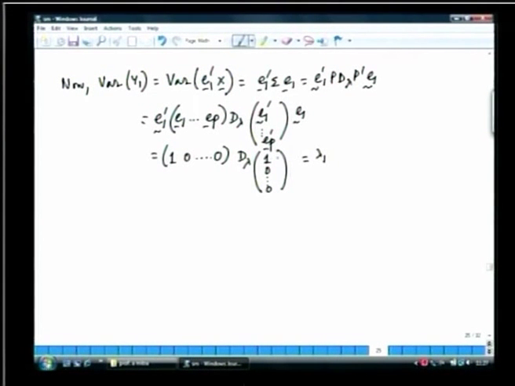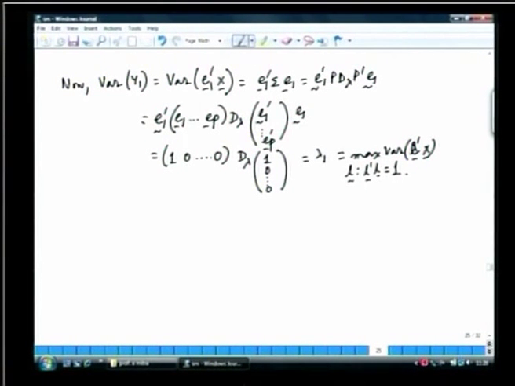So, that is essentially 1 times D lambda, and that is lambda 1, which is equal to the maximum of variance of L prime x, maximum over L such that L prime L is equal to 1. This is actually equal to this maximum variance which we have seen just now.